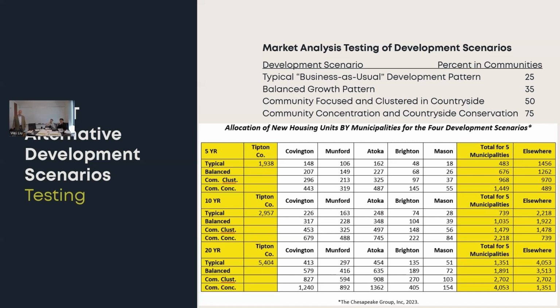It also starts to reduce our impact on utilities and infrastructure. We won't get into that today, but it does have an impact. 100 homes over 100 acres create different loads on our roadway system than 100 homes over, let's say, 20 acres.